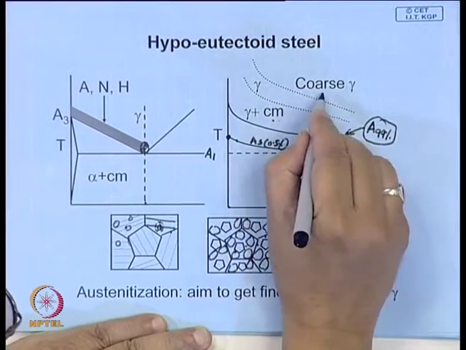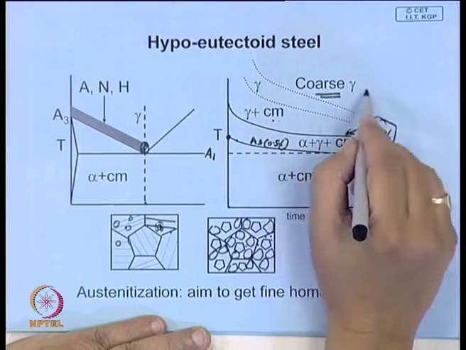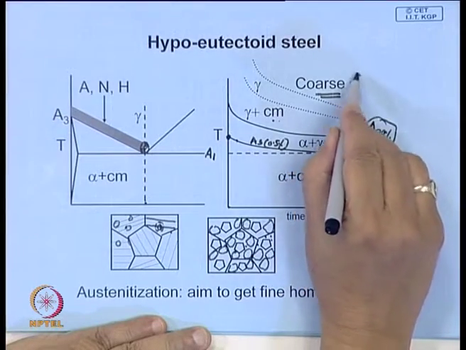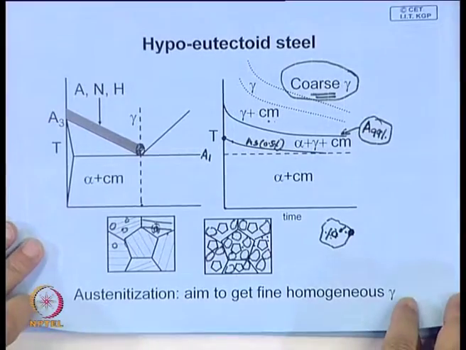So after some time this austenite grain will start growing, and if you keep it very long, it will become coarse. As we will see later, a coarse grain structure is not desirable, because it has poor toughness. So one likes to avoid it. What is more important is to optimize the condition.